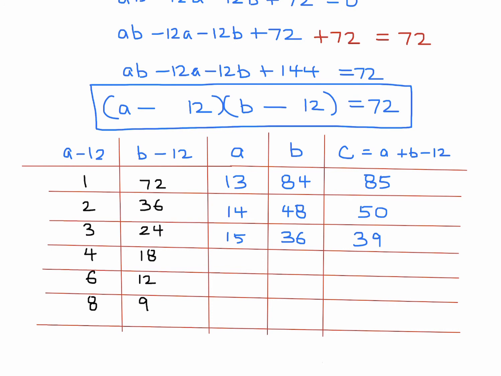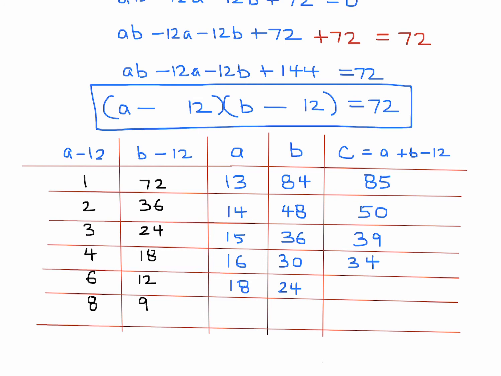Okay, next one, A minus 12 is 4. That means A is 16. B minus 12 is 18, so that means B is 30. And therefore, we've got 16 plus 30 minus 12, and that gives me a value of 34 for C. A minus 12 is equal to 6, so that means we have 18 for A. B minus 12 is 12, so that means that's 24.